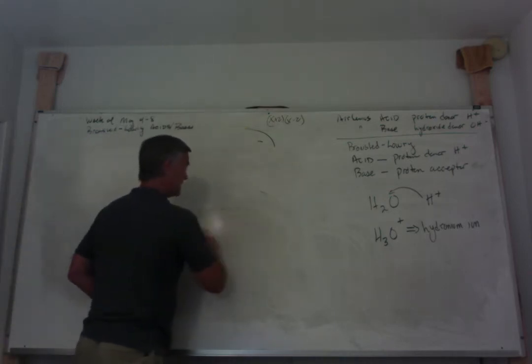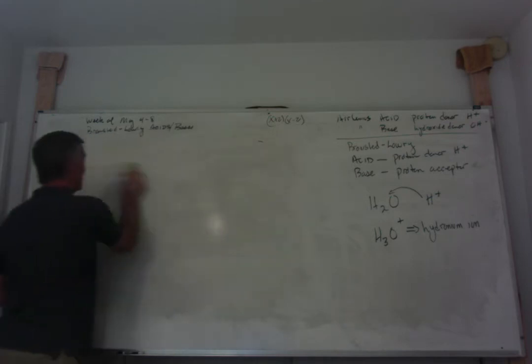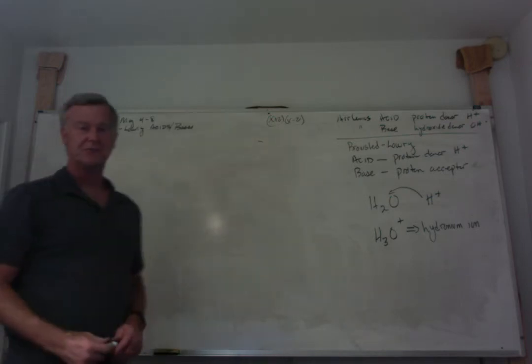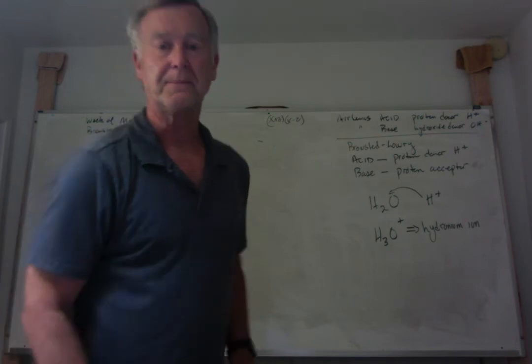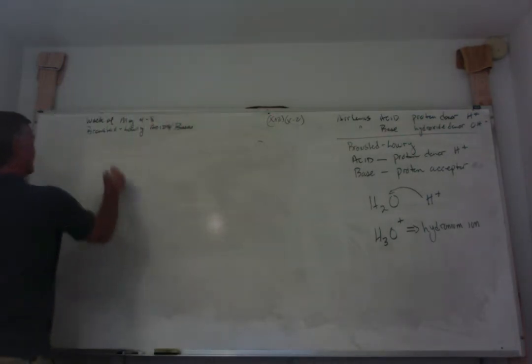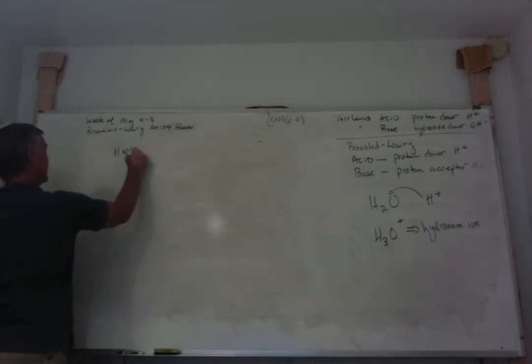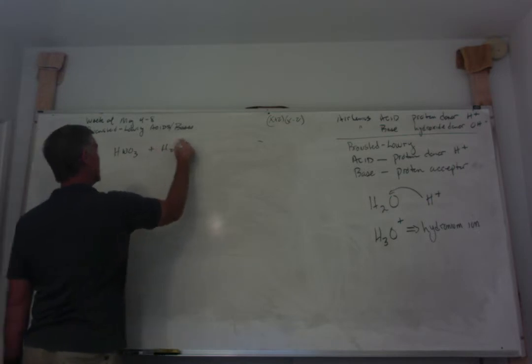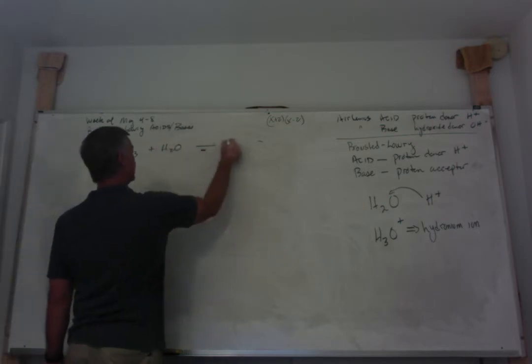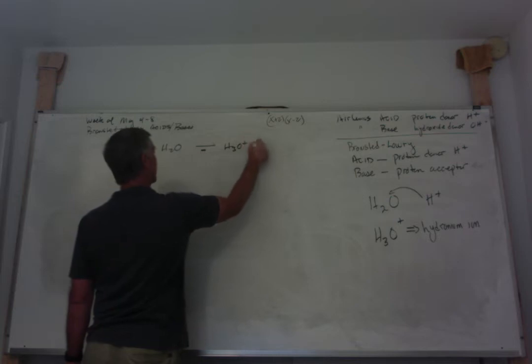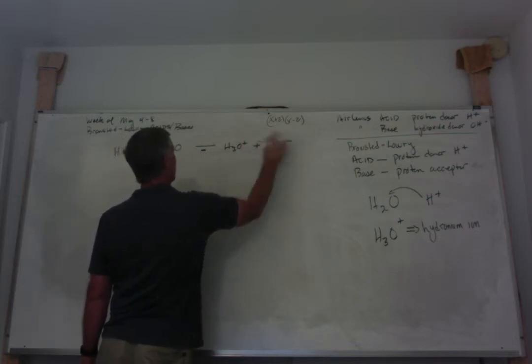And so I want to take you through that real quickly. If you have a reaction that's written out like we do here, let me do one other one. Let's say I had HNO3 plus H2O, and they give you H3O plus and NO3 minus.